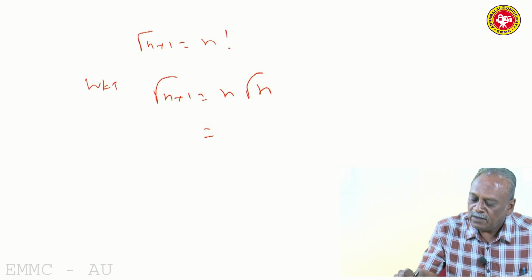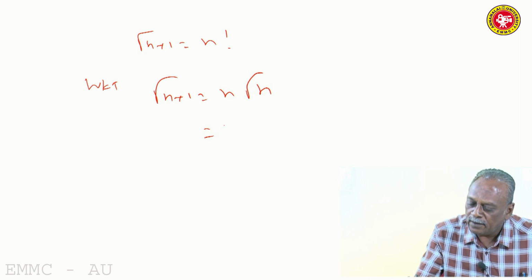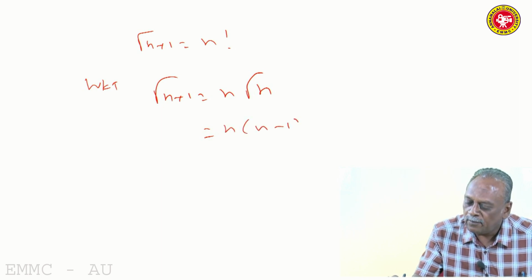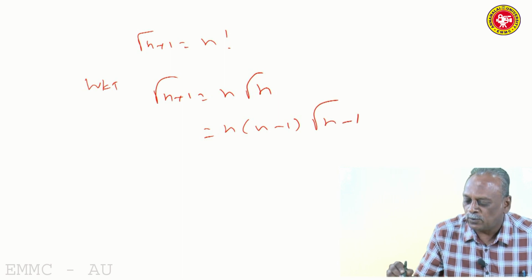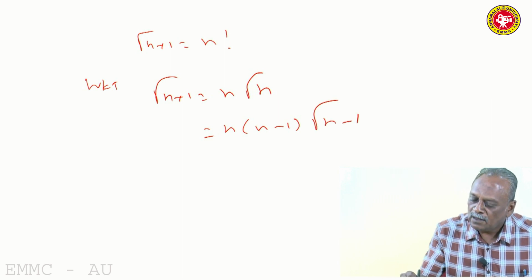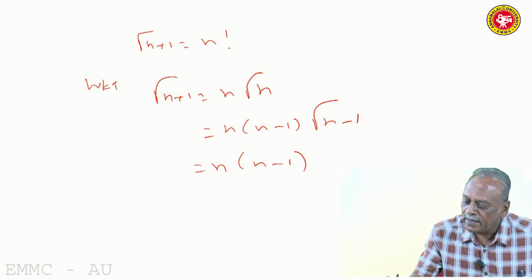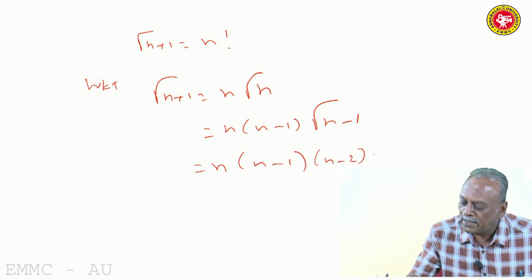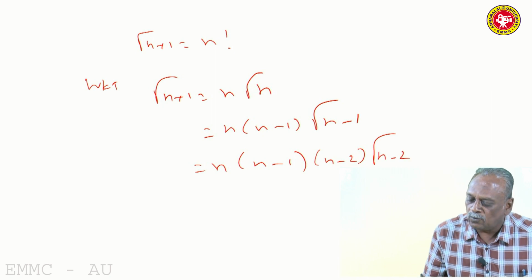In this way, we can write gamma n equal to n minus 1 into gamma n minus 1. Similarly, gamma n minus 1 we can write as n minus 2 into gamma n minus 2.